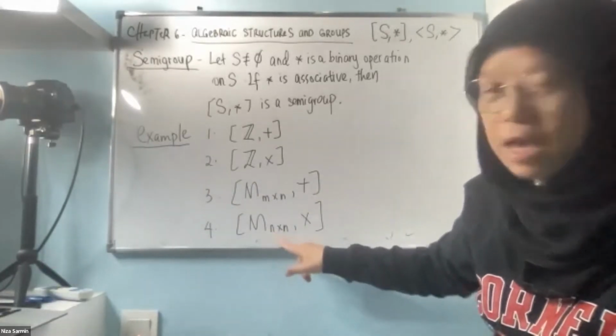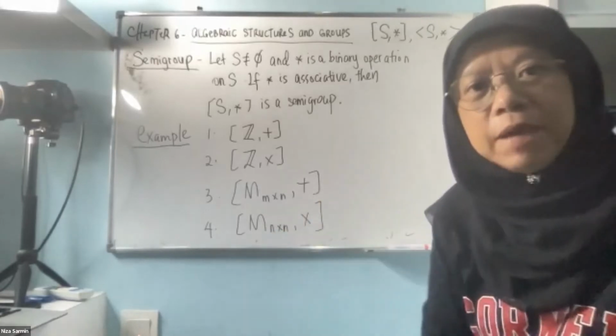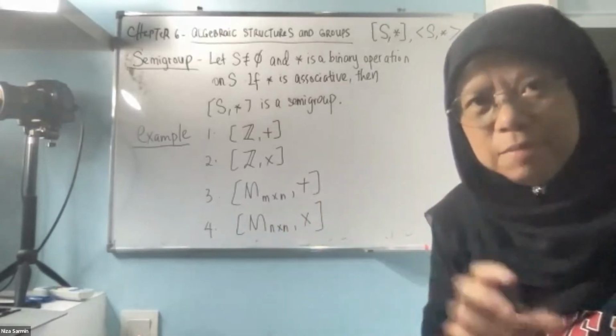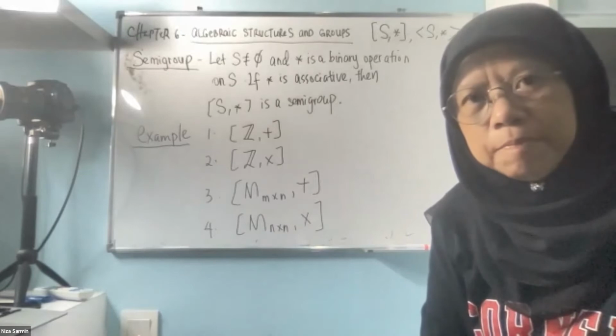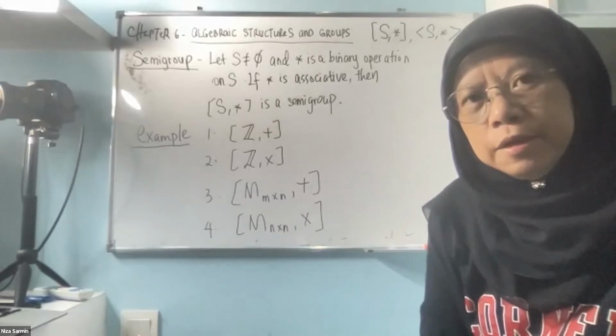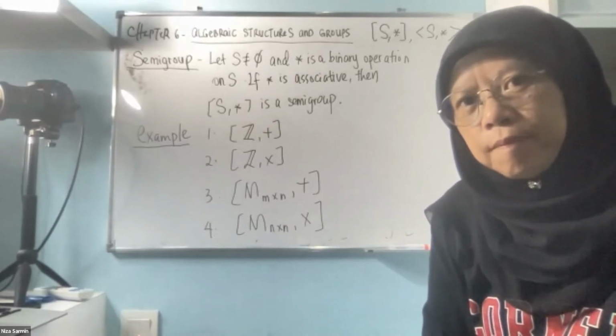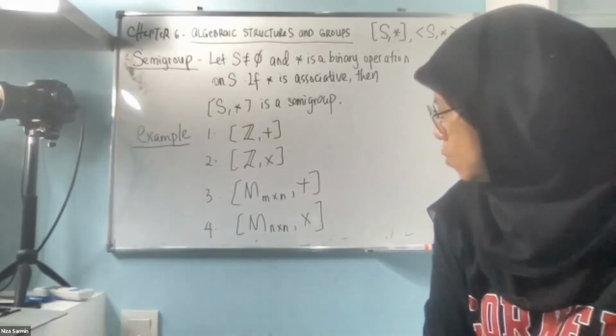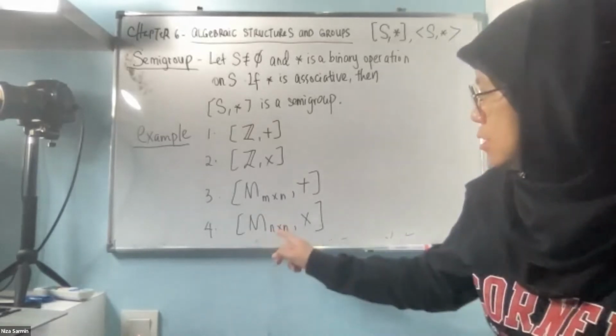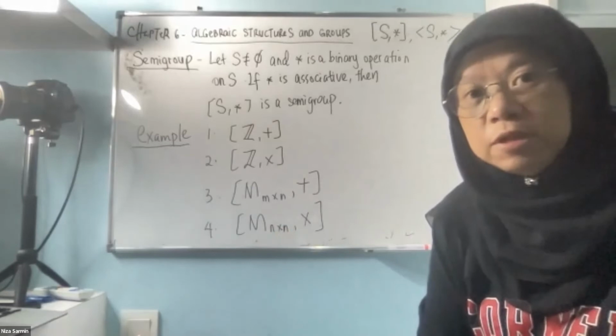I put n by n because if m by n, n by m, you probably cannot multiply, but this is just to be safe, square matrices.